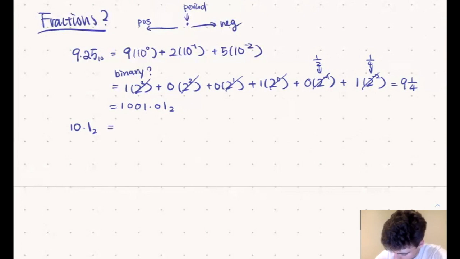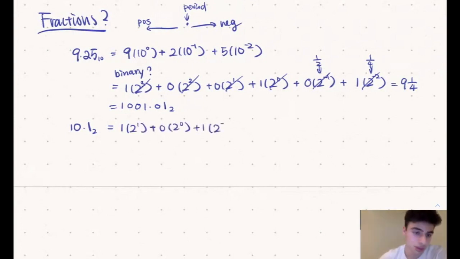So our first number is going to represent 1 times 2 to the power of 1, plus 0 times 2 to the power of 0, plus 1 times 2 to the power of negative 1. We can compute this using decimal arithmetic to find that this is equal to 2 and 1/2, or 2.5 as we write in decimal.